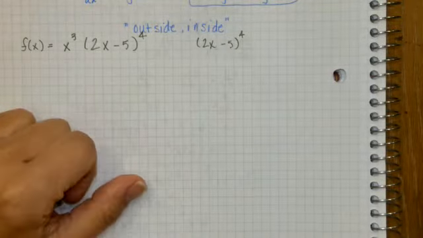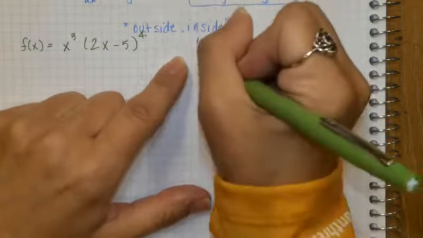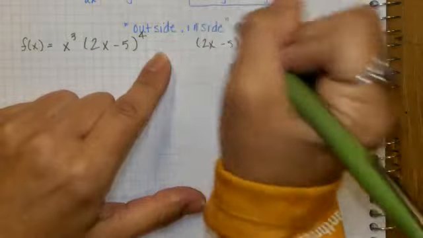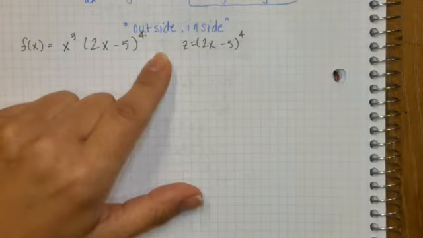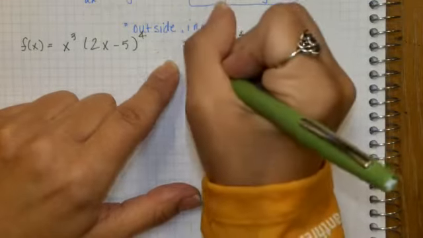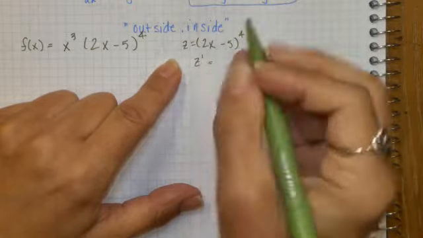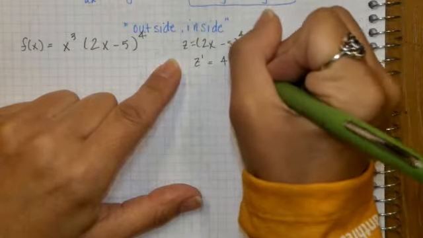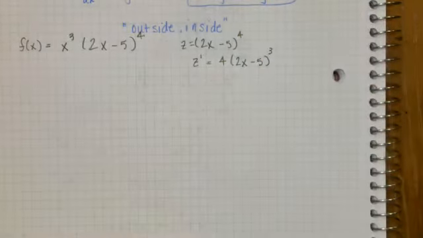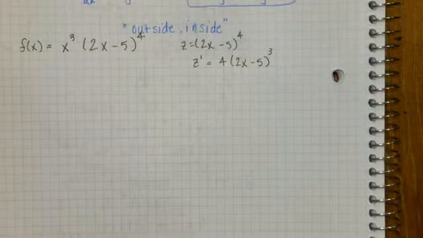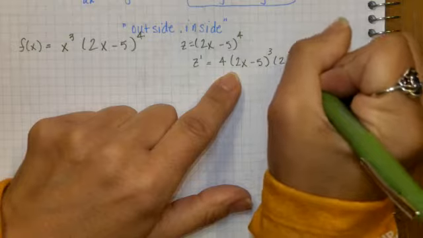I'm going to use this whole outside inside concept. I'm going to bring the 4 down in front. So let's just say that this is, we'll call it z, because I don't want to keep using the same variables. So z prime is, bring the 4 down in front. That's the outside. Multiply that now by the derivative of the inside, which is 2.